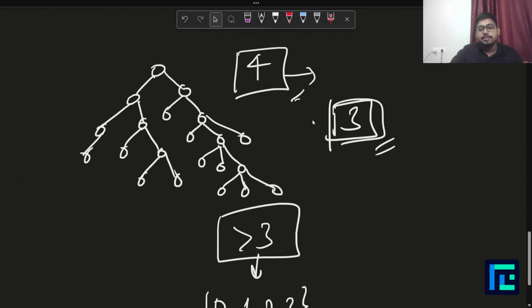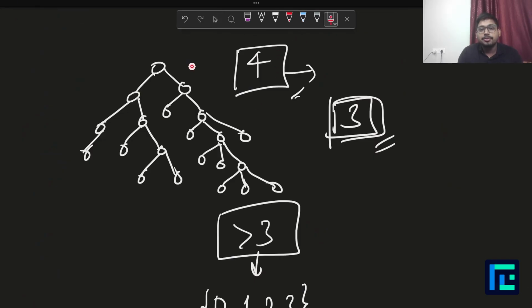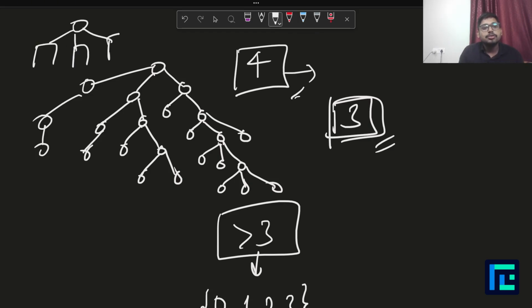What I'm saying is, whatever tree you have, if you have any one node, let's say, look at this root node. In any general tree, let's say that root node has three or more children. If you assign 0 in one of the subtrees, 1 in another subtree, and 2 in a different subtree, so it has three different subtrees.